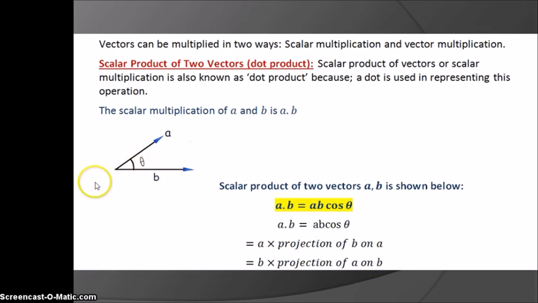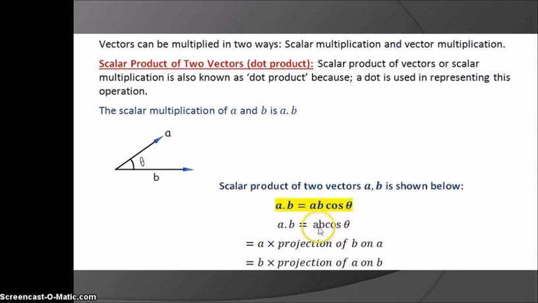So if we have the vectors A and B separated by this angle, the scalar product of A and B will be given by A dot B equals AB cos theta, and it is just A times the projection of B on A, or B times the projection of A on B. This statement right here is not very important.